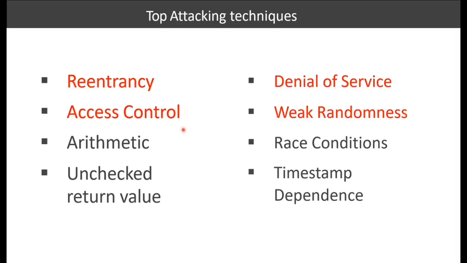Access control, so not knowing who is operating on the smart contract, who the actors are, or a bad identity. Arithmetic problems, unvalidated or unchecked return values. Of course, there's always the denial of service. Weak randomness, and race conditions, which are not only a problem with smart contracts but problems in general, and timestamp dependence that is not consistent with logic.